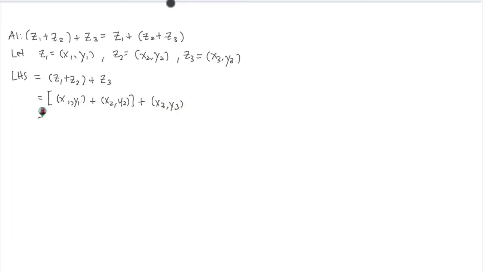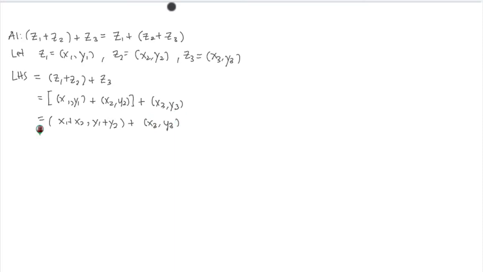Now, using the definition of addition, we can combine the complex numbers (x1, y1) and (x2, y2) by adding the real parts, x1 plus x2, and adding the imaginary parts, y1 plus y2. Let me rewrite (x3, y3).